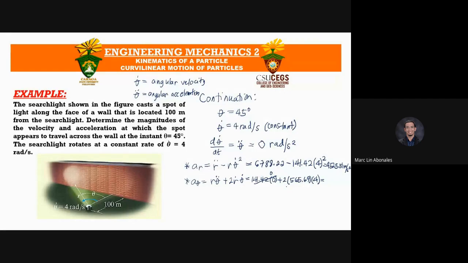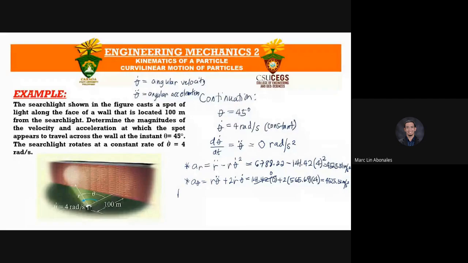What is the value in this part? It is 4,525.52 meters per second squared. So we have already got the radial and transverse components of your acceleration.